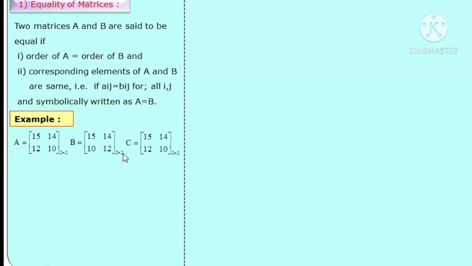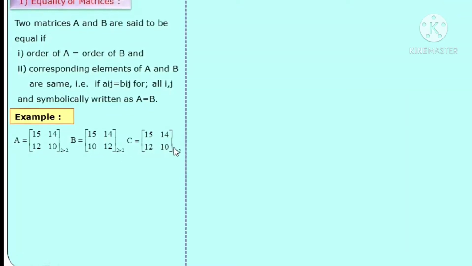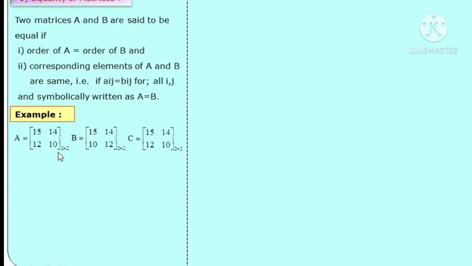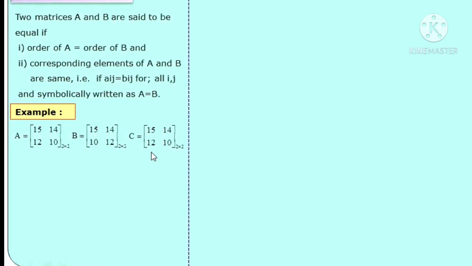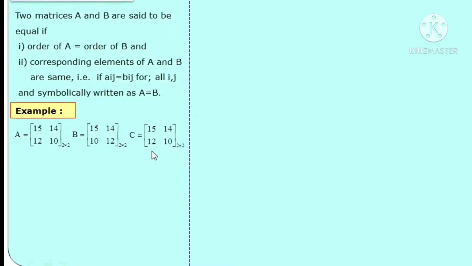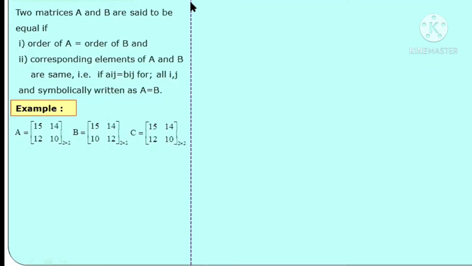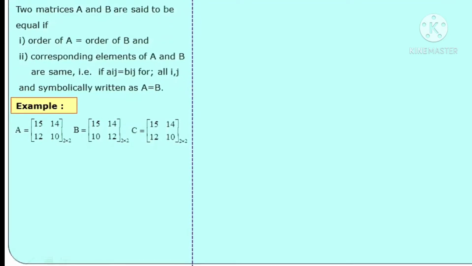And one more matrix C, elements 15, 14, 12, 10, order 2 by 2. All three matrices have the same order, 2 by 2. But now check the elements of the matrices.